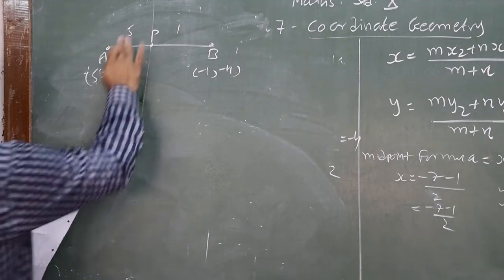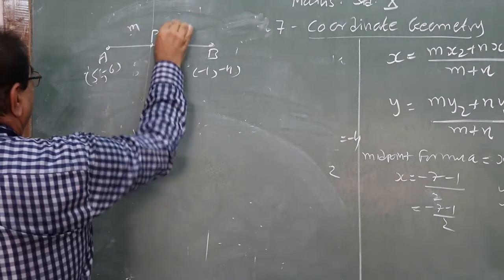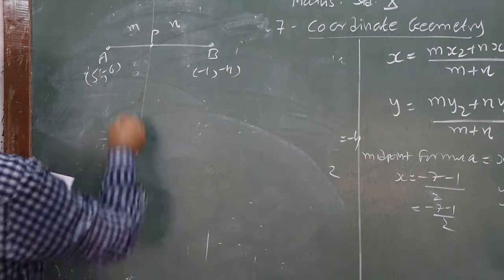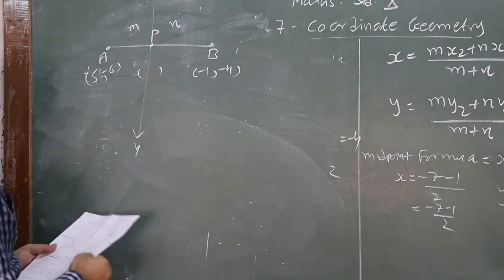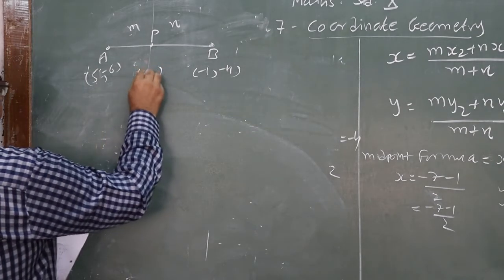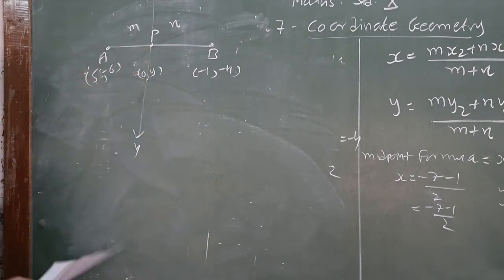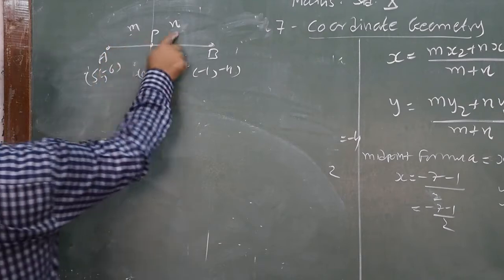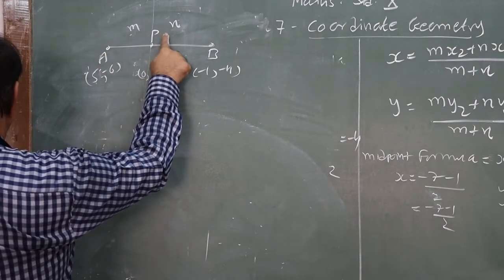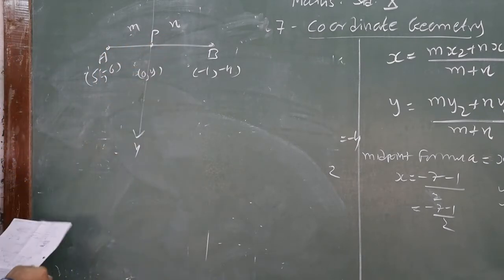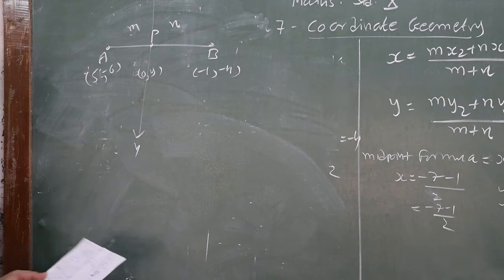Sorry, this ratio you have to find out. So a point which is on y-axis, correct? So the coordinates are 0, comma y, because it is on y-axis, so x is 0. So into what ratio m:n it can divide the given line segment.